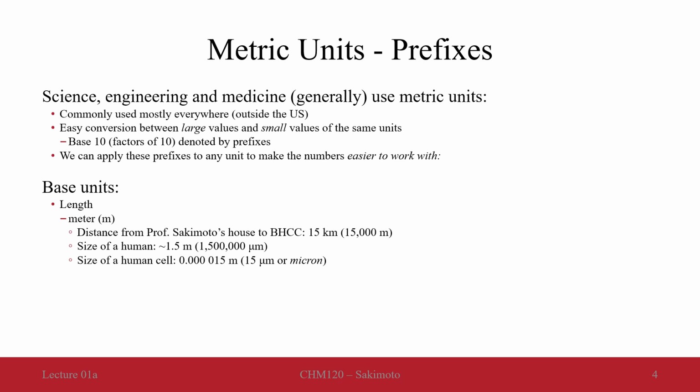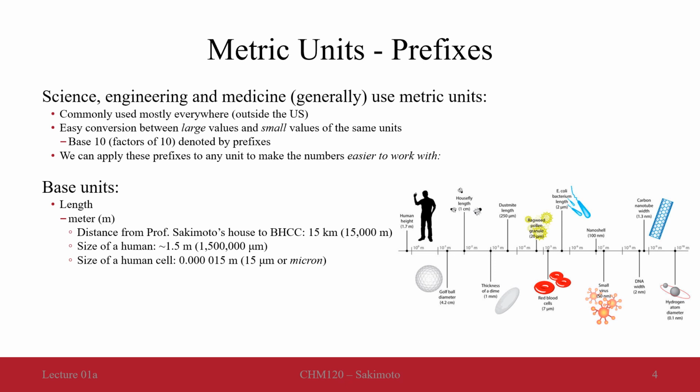I probably wouldn't want to change it for a smaller unit, like a micrometer or a micron, since the size of a human would be 1.5 million micrometers or microns. That small unit is much more suitable to something like the size of an individual human cell, which is 0.000015 meters, or more simply 15 micrometers or 15 microns, often said.